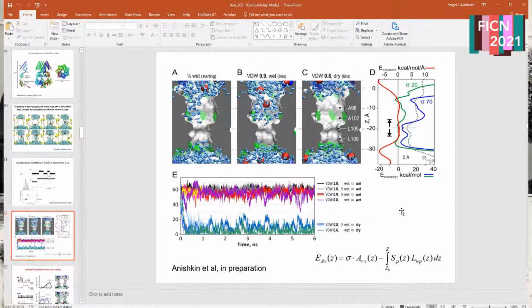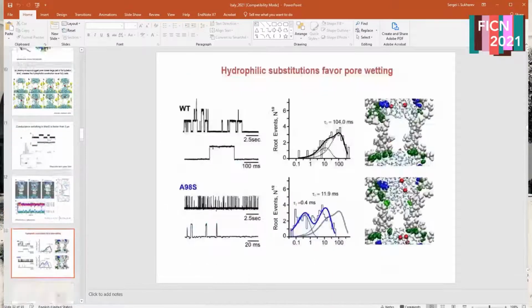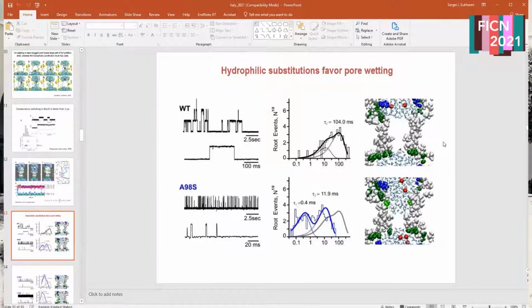Again, it's a question of the accuracy of the force field, but it suggests that indeed the outer chamber is very close to the de-wetting region. To check whether there is a consequence of actually inviting water here, we changed A98 and A102 as well as L105 to hydrophilic residues, and we found a huge change in the dwell time in the channel kinetics.